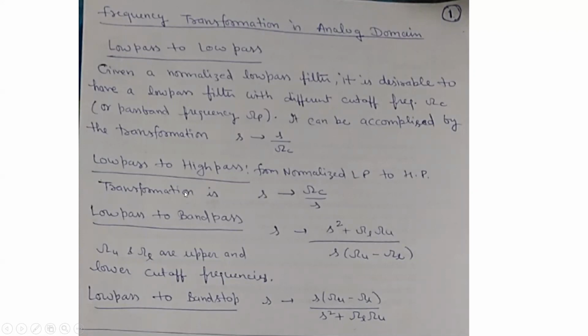But if you want to design a high pass filter, you replace s by omega c upon s, just the reverse of that. Similarly, in the case of band pass, you need two more parameters, the upper cutoff frequency and the lower cutoff frequency, and you replace s by this particular formula. In the case of band stop, you have the expression just the reverse of that formula.